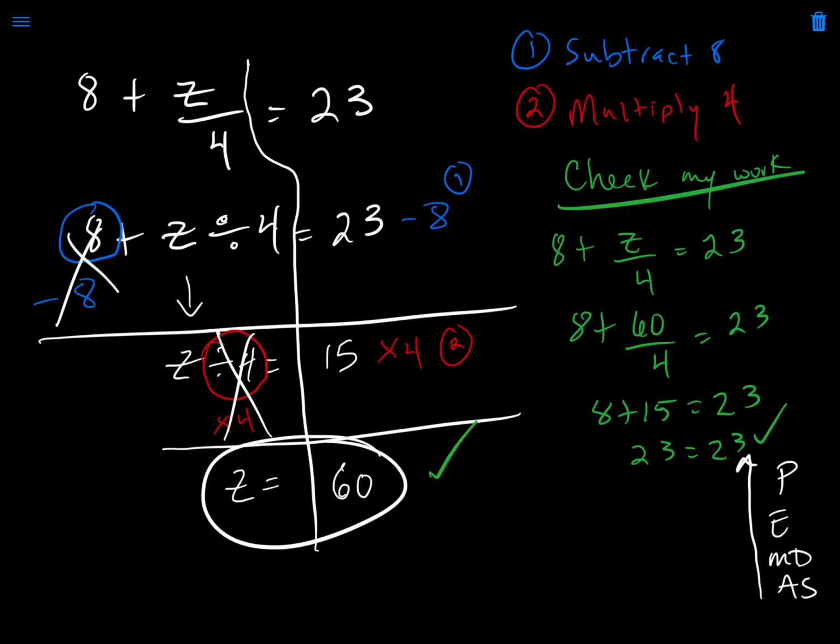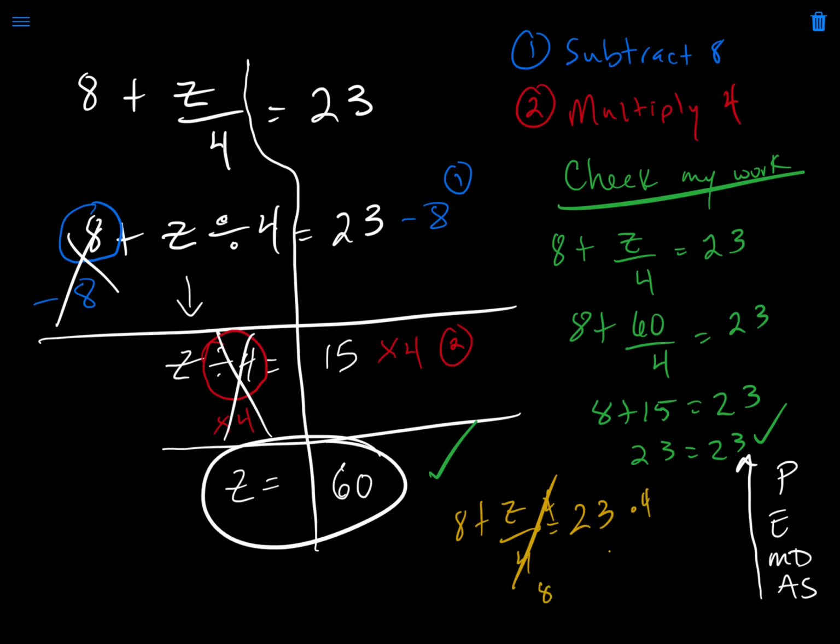Bam. The key here is to remember, if I actually had multiplied by 4 first, I would have gotten the wrong answer. Let me do another thing here. If I went ahead and did 8 plus Z divided by 4 equals 23, multiply both sides by 4. So this goes away.